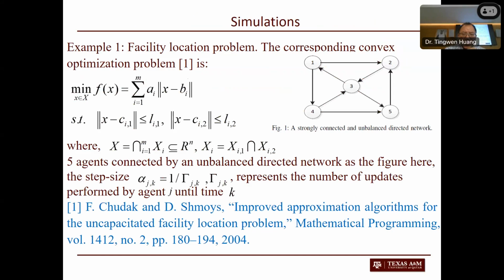the corresponding convex optimization problem is given in the paper entitled Improved Approximation Algorithms for the Uncapacitated Vicinity Location Problem.